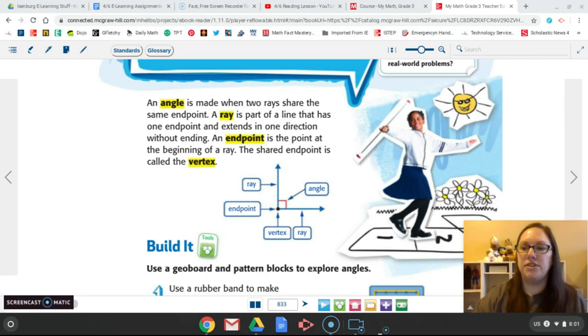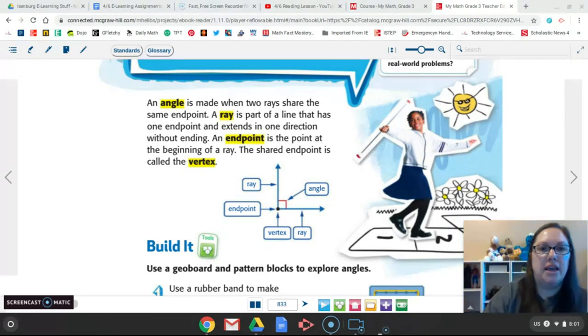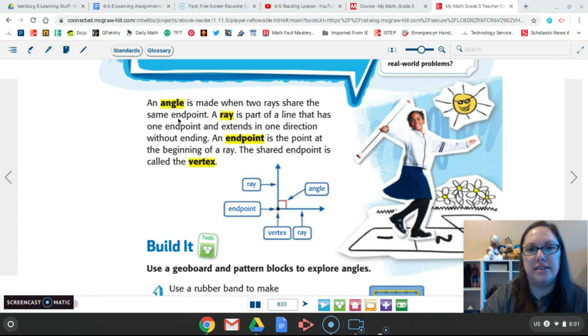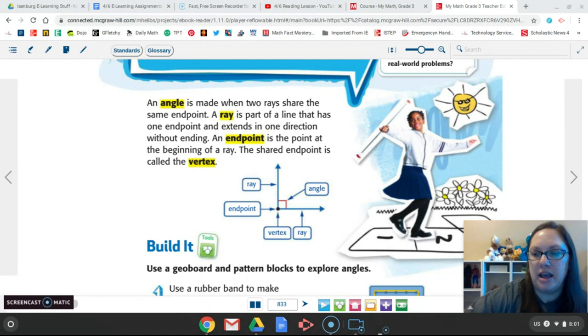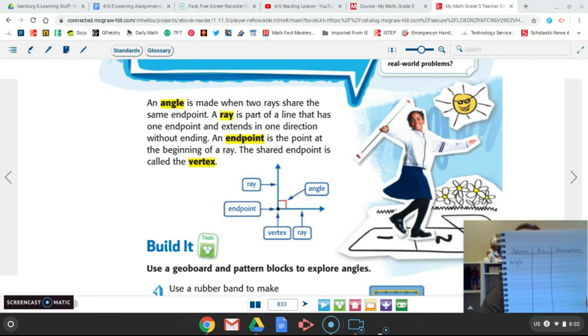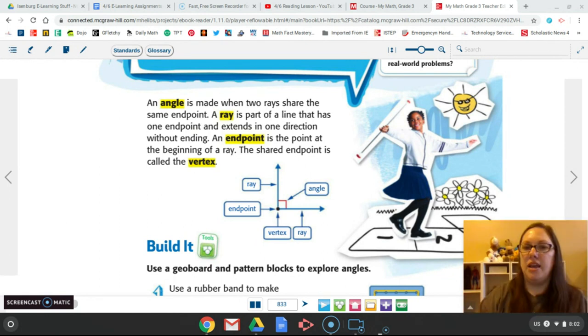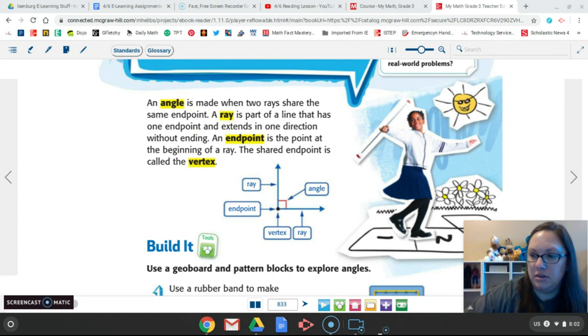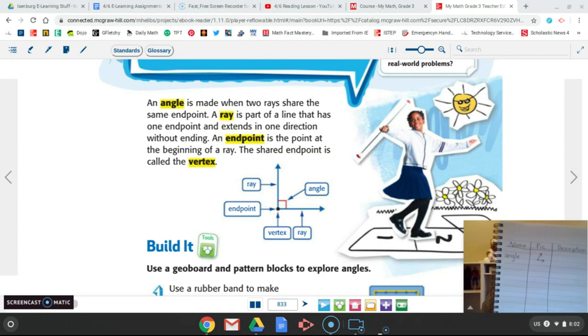Okay, so the first thing that I'm going to write down is an angle. It says an angle is made when 2 rays share the same endpoint. So the first thing we can write down on our page is angle. Okay, and then an angle looks something like that.